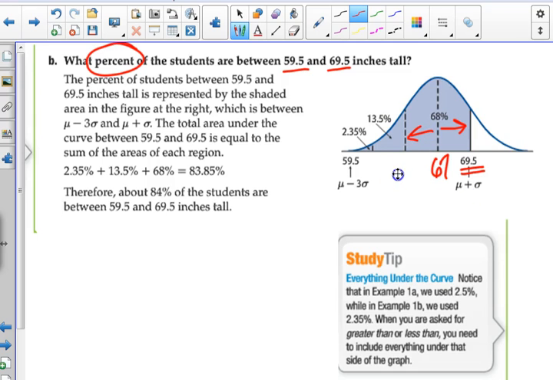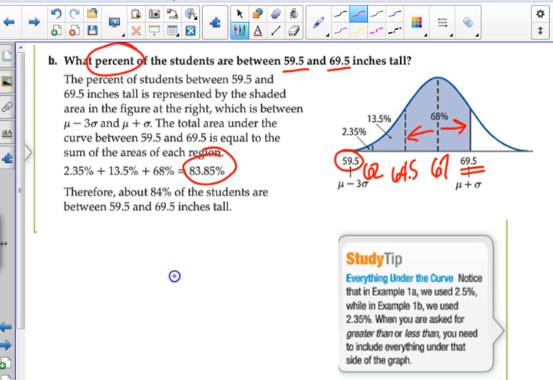If you subtract 2.5, we were at 64.5, take away another 2.5, we are at 62, take another 2.5, and we're at 59.5. All right, this is 68% of the data. This is 13.5, this is 2.35. If we add all that up, it comes out here.